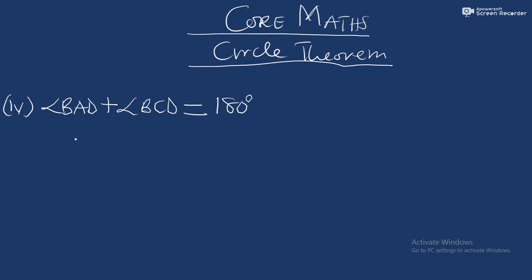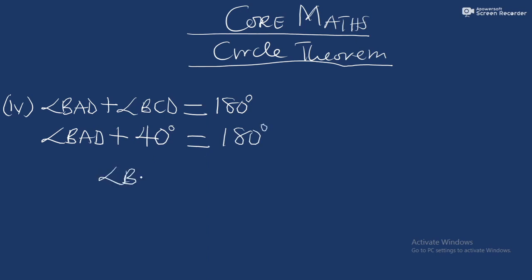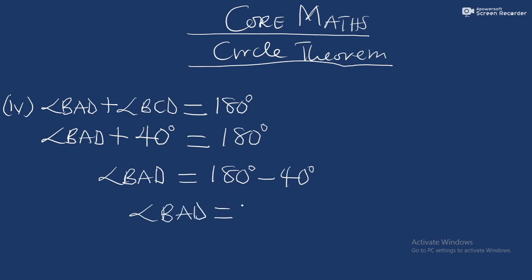So substituting, we're to find angle BAD, so angle BAD plus this one, which we solved to be 40 degrees, equals 180 degrees. So we have angle BAD to be equal to 180 degrees minus 40 degrees. So when we simplify, angle BAD is equal to 140 degrees.